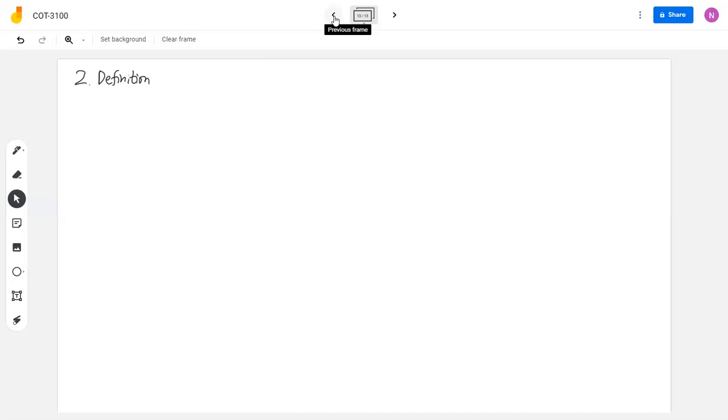So maybe we can draw a diagram like this. This is FIU, this is UCF, this is UF. And then suppose this is Miami, this is Orlando, and this is Gainesville. Okay, so which of the dots satisfy our property?